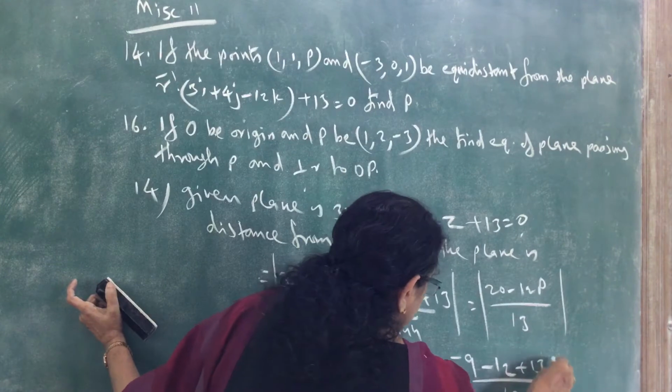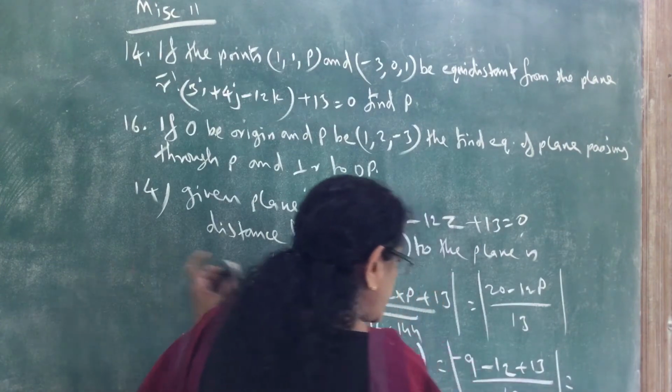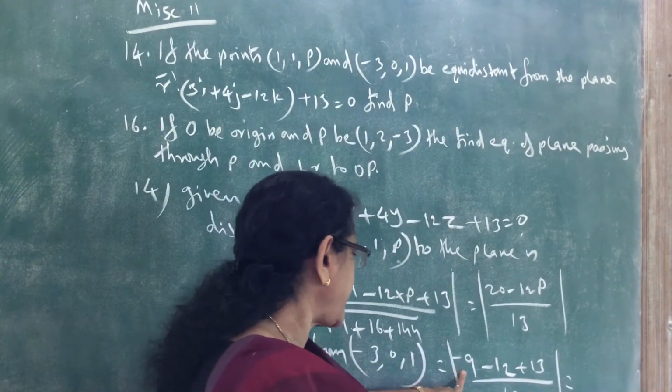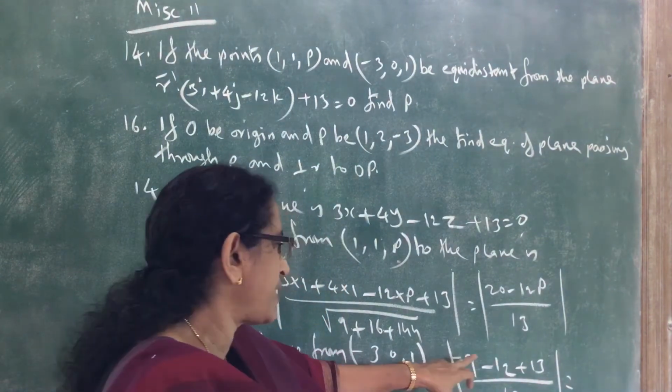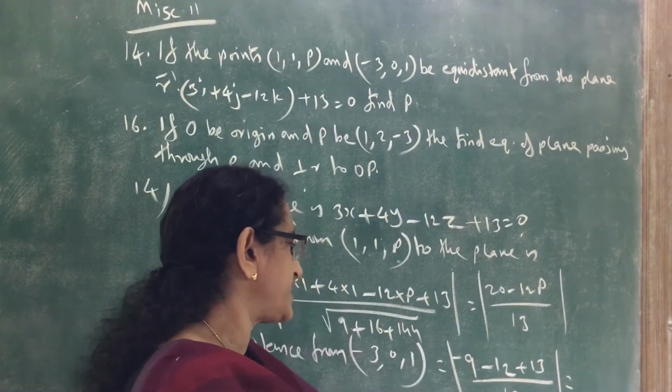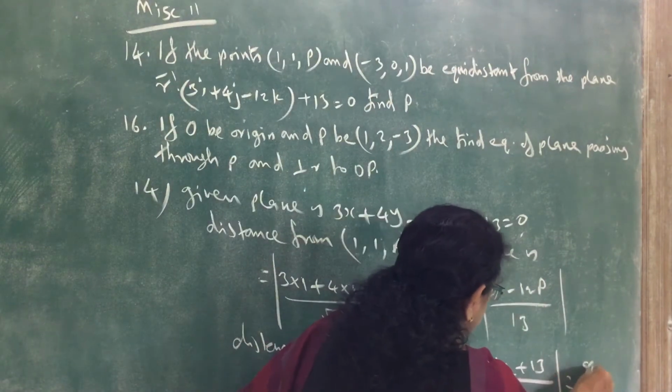Modulus value, that is equal to minus 9 minus 12 plus 13, which is minus 8, so minus 8 by 13, that is positive value, 8 by 13.